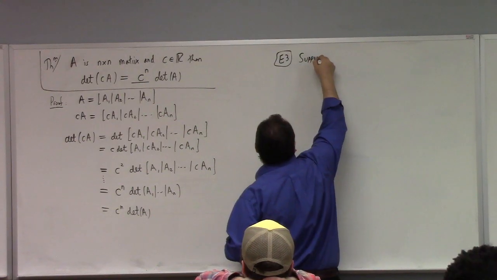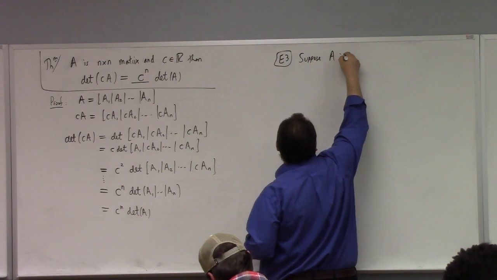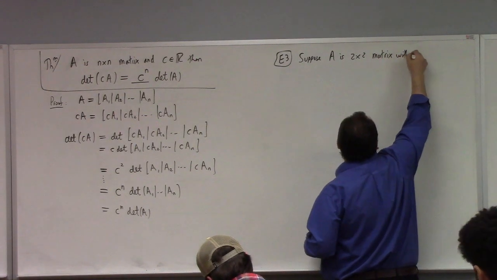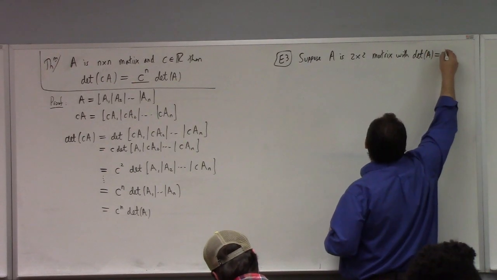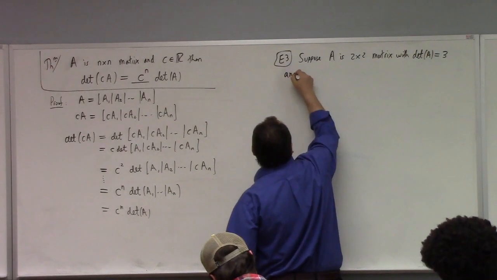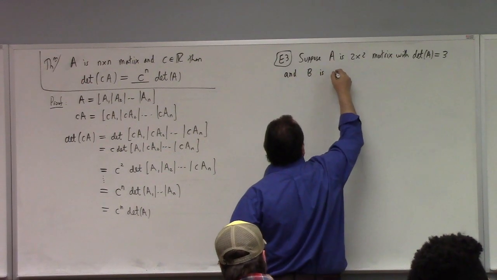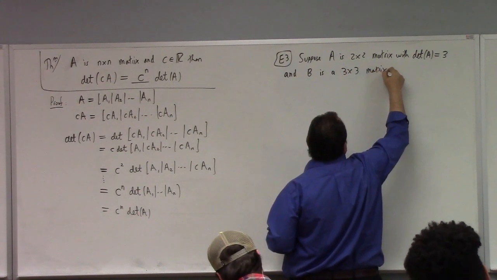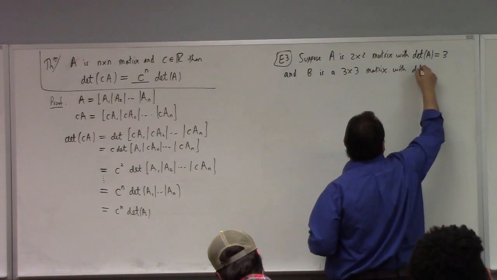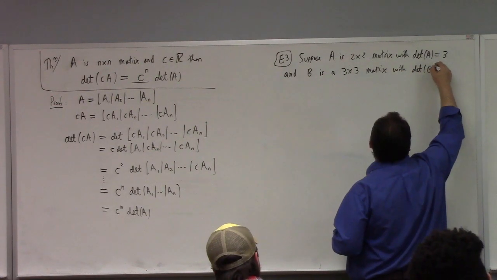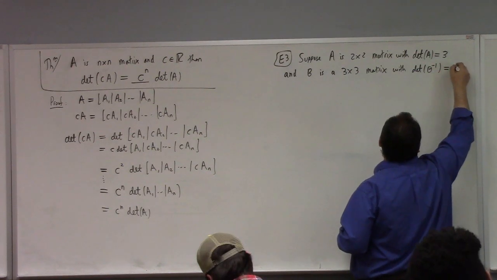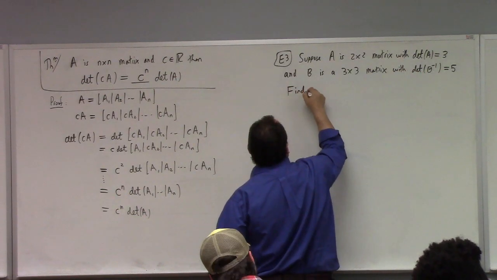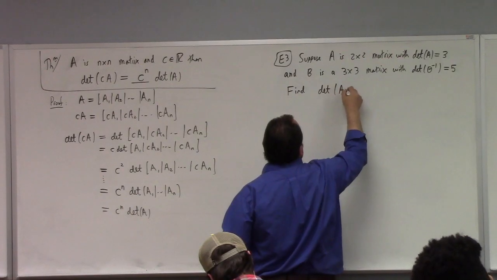Suppose A is a 2 by 2 matrix with determinant of A equals 3, and B is a 3 by 3 matrix with determinant of B inverse equals 5. Find the determinant of A direct sum B.